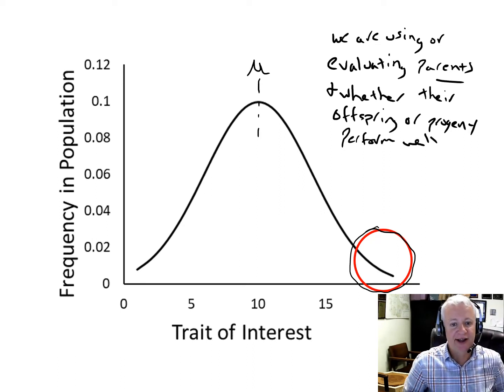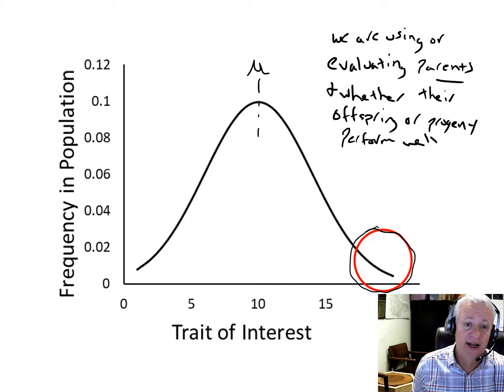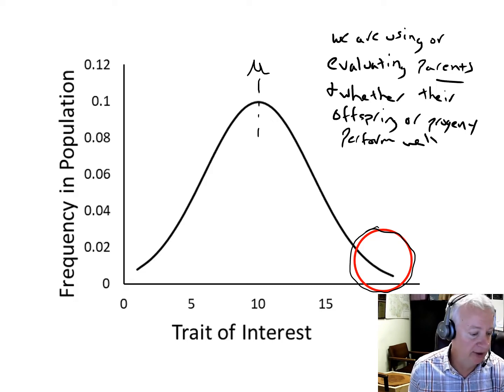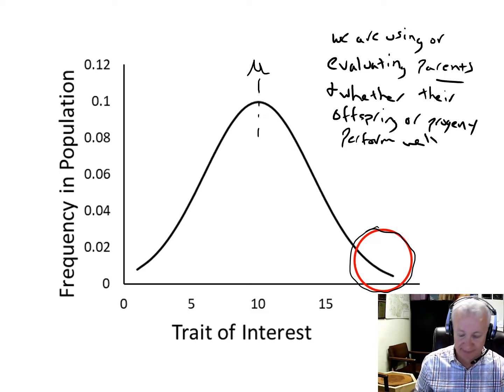So breeding is done on parents, but we're generally evaluating the performance or the traits in the offspring or progeny. And that, I think, will become more apparent as I describe the structure of tree breeding programs, and you'll see the role that parents and progeny play in that whole process.